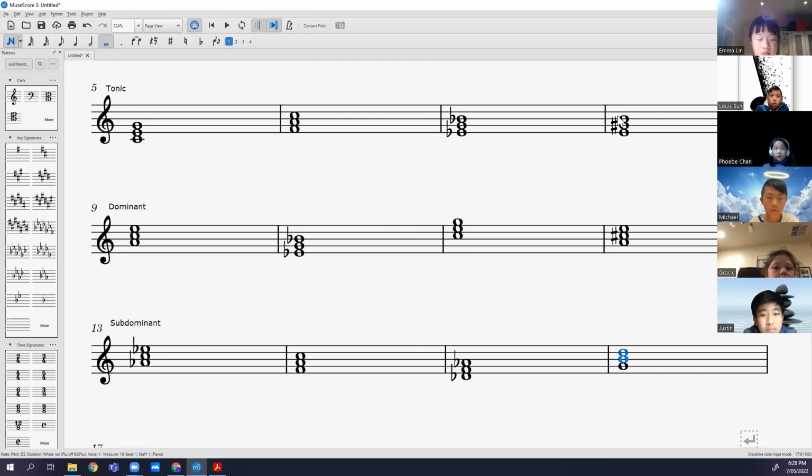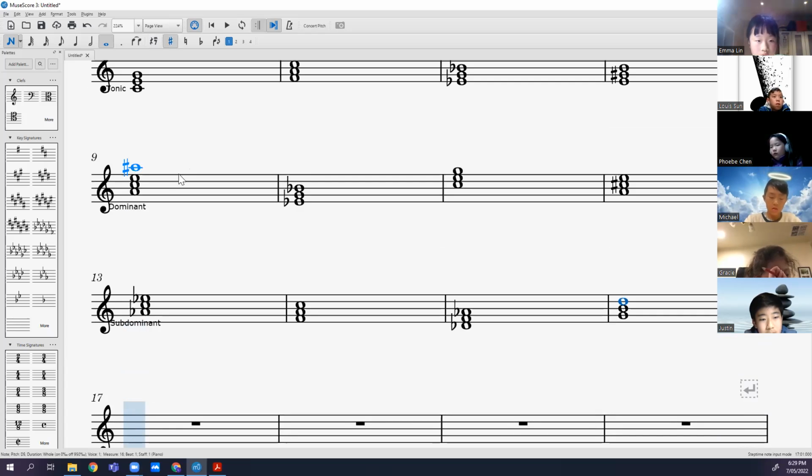Okay, so those are triads for you to identify, like the name of each one. The root is put to the left, and you can type your answers in the chat. There's one mistake.